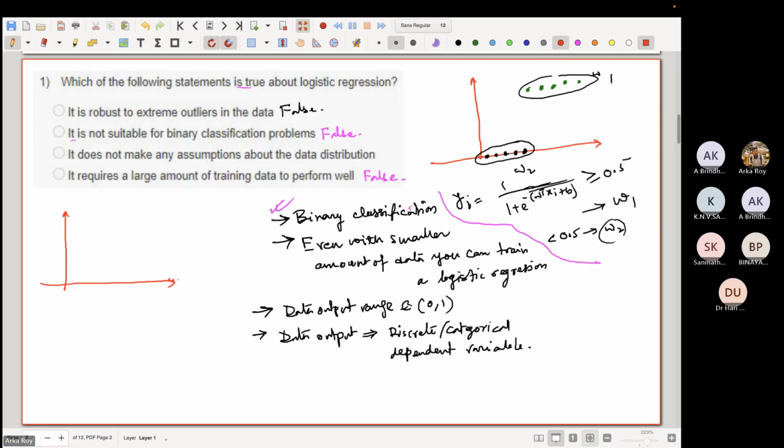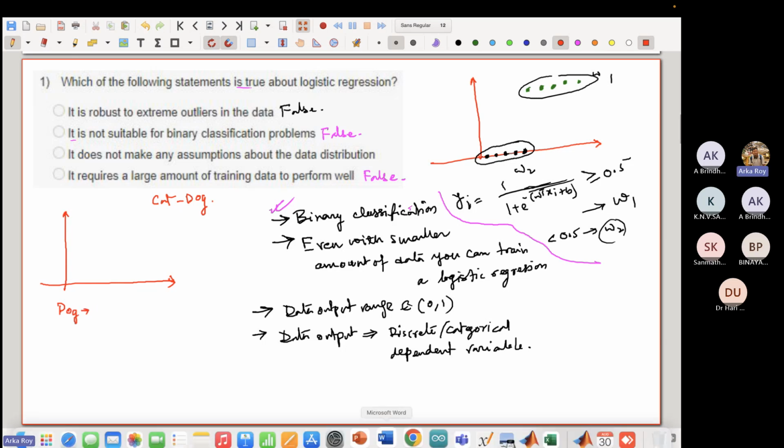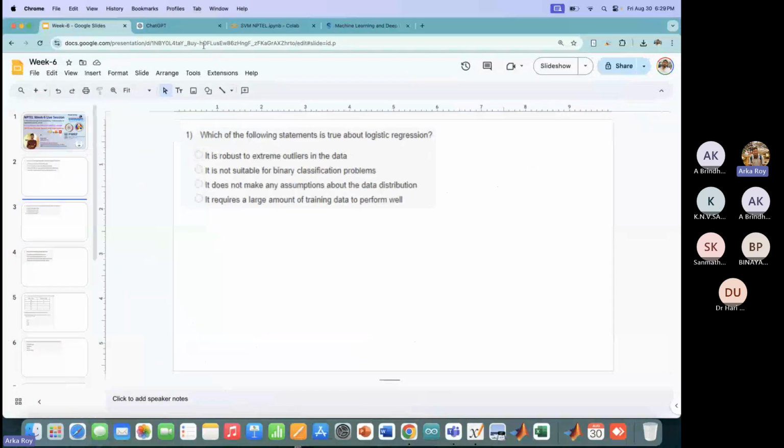Let's say you have cats and dogs, an example I also gave last week, and in the data set the dog class comprises, let me just show you some figures.